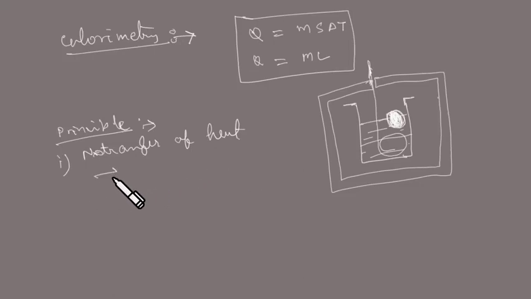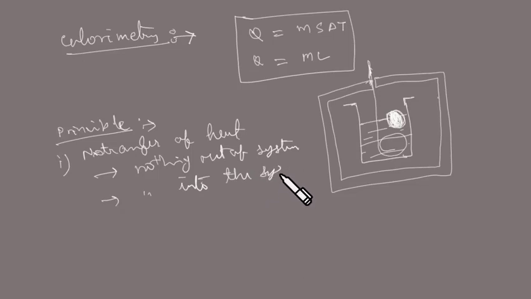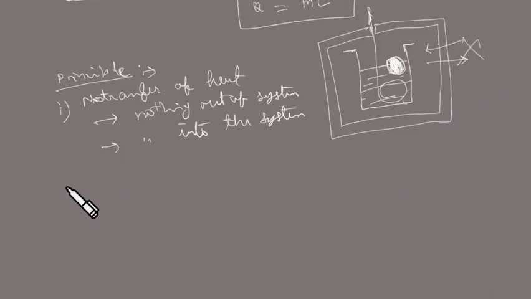That means nothing out of the system, and nothing into the system. No exchange of heat with the surrounding. No heat goes inside, no heat from inside comes outside. That's absolutely prohibited. So that's the first principle.